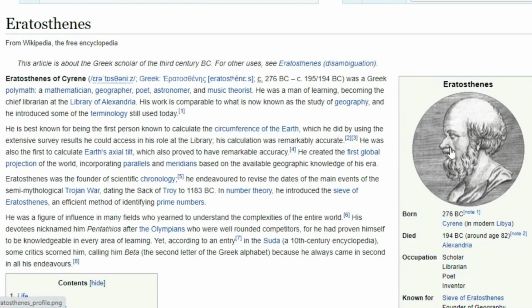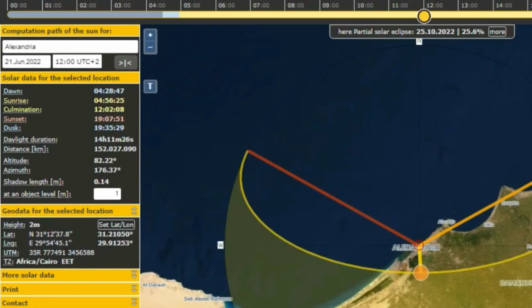I wonder if this blind cartoon figure also measured the speed of the shadow of his tiny stick. Alexandria at noon, where the sun has an azimuth of 176, and then an hour later, oh, that is a 66 degree difference in azimuth.